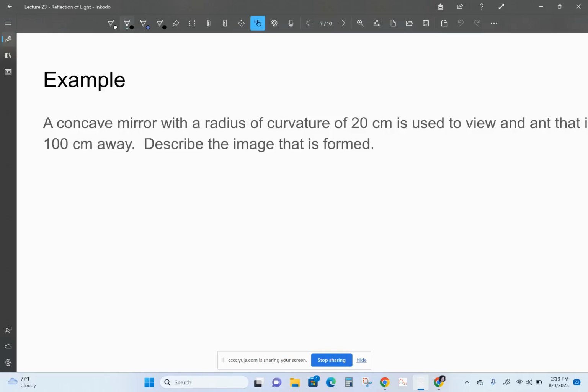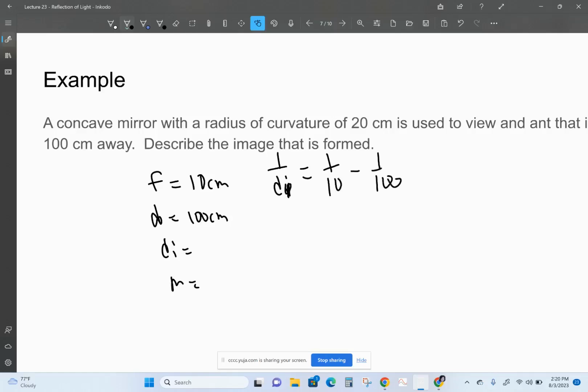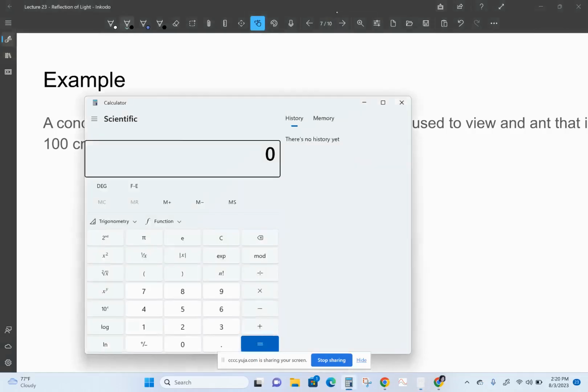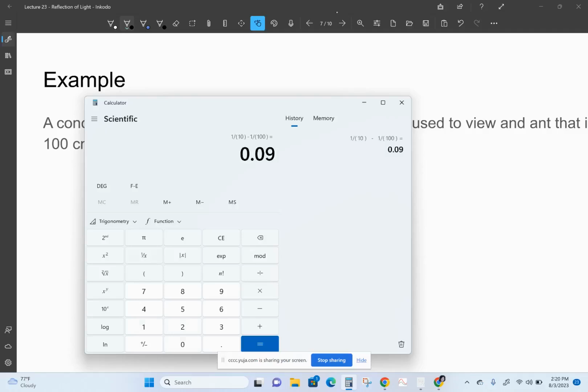So if you had a concave mirror with a radius of curvature of 20 centimeters, f is going to be 10 centimeters. And it's used to view an ant that is 100 centimeters away. So do is 100 centimeters, and we want to find the image, di and m. 1 over di is going to be equal to 1 over f minus 1 over do, so 1 over 10 minus 1 over 100 equals 0.09, and take the inverse of that.